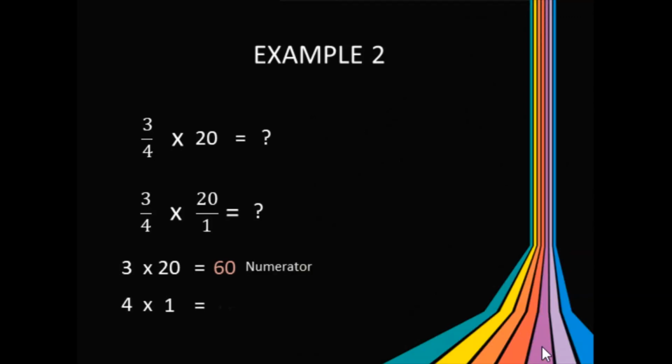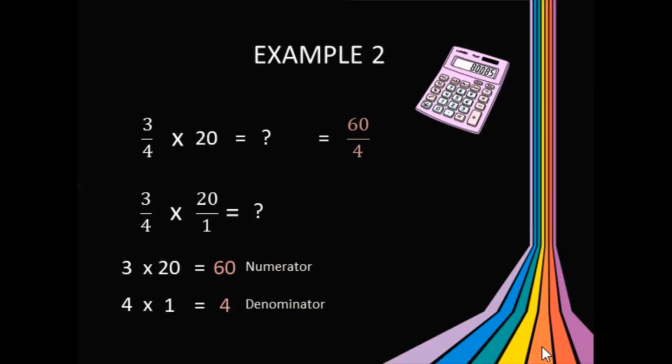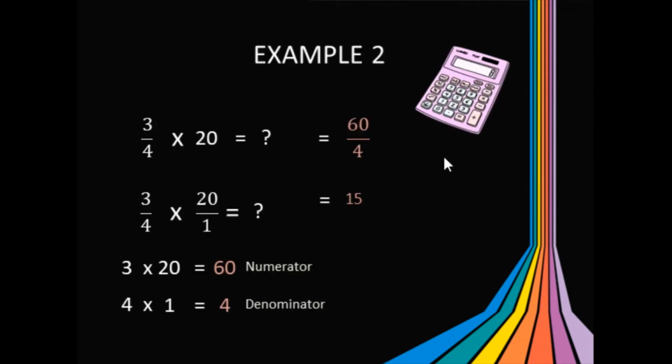Write as a fraction, we get 60 over 4. Simplify it, calculate it, you get 15. 15 is your final answer. That is for multiplying an integer and a fraction.